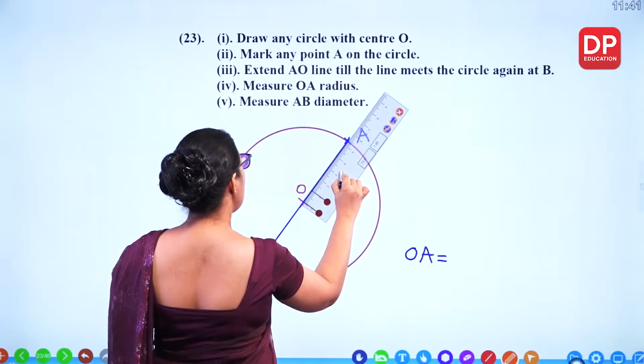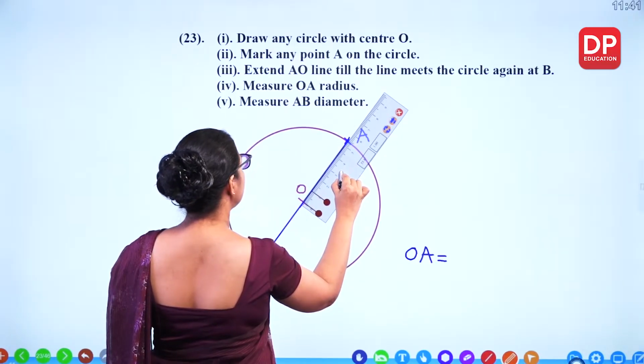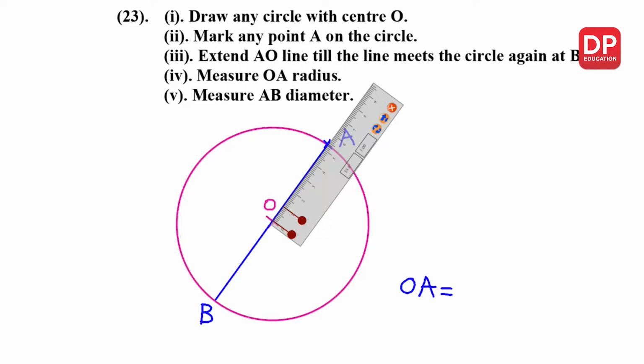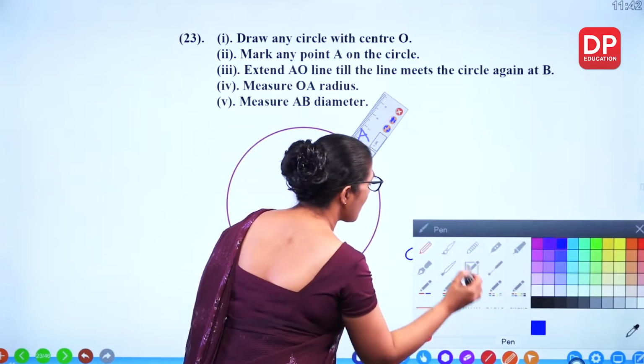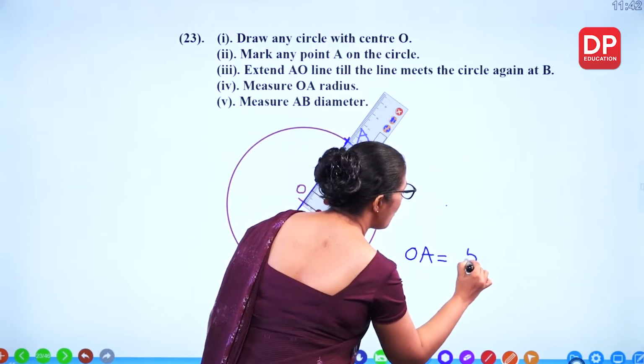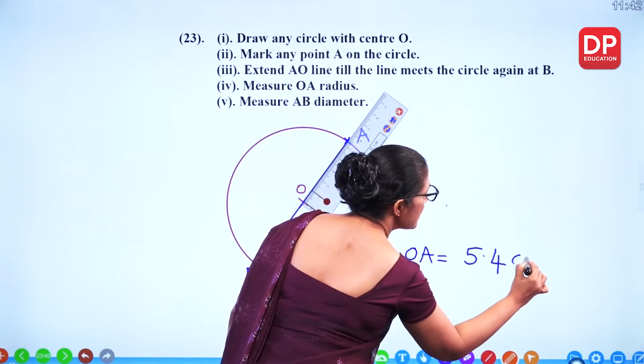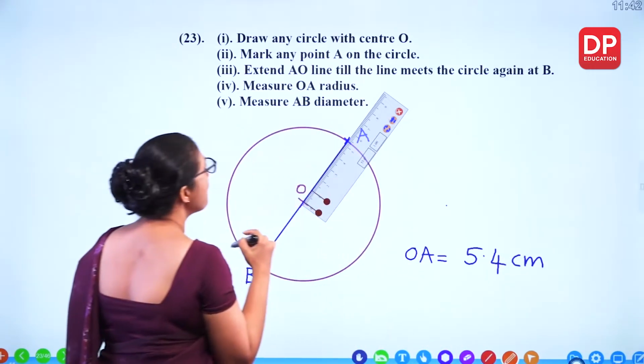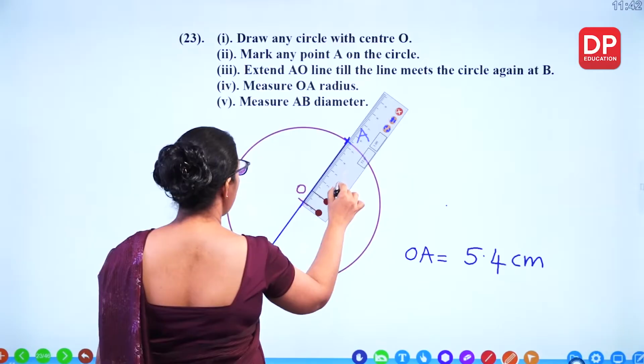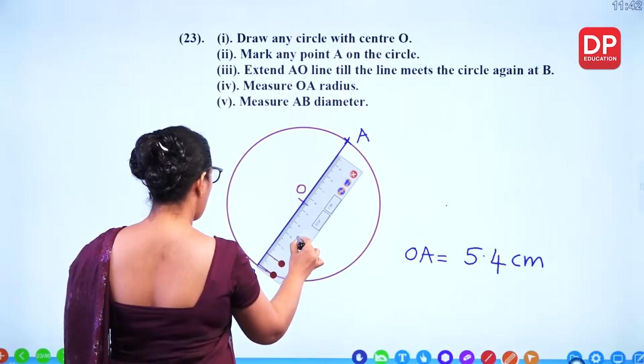I'll measure OA first. 5.4 centimeters is OA.